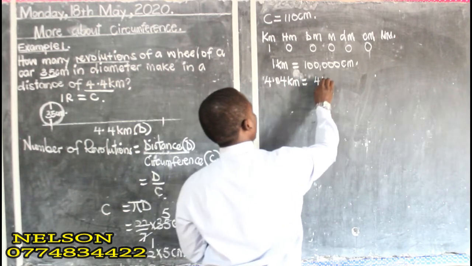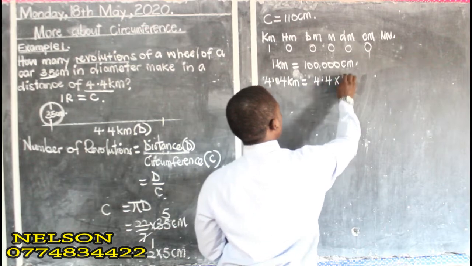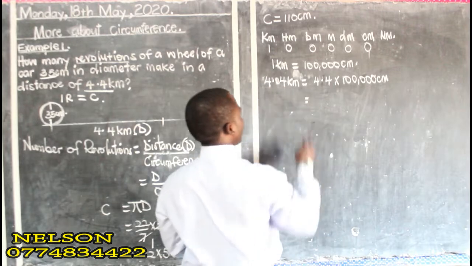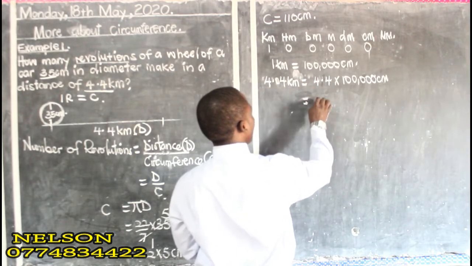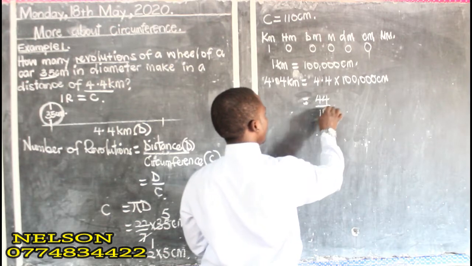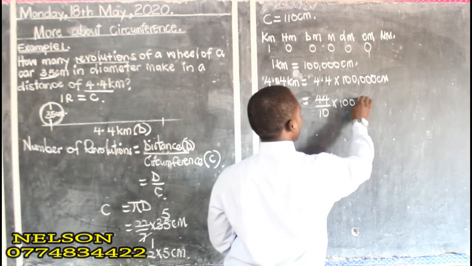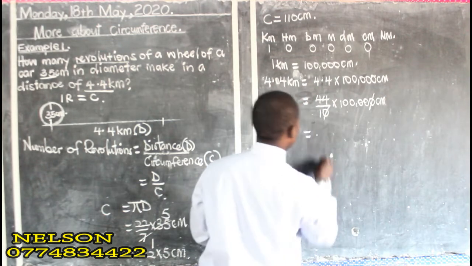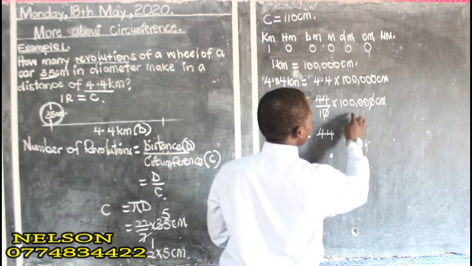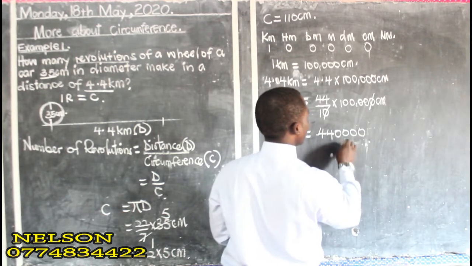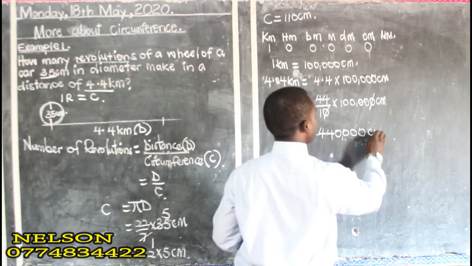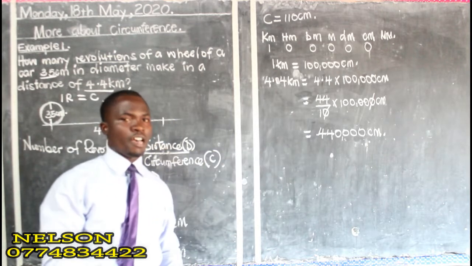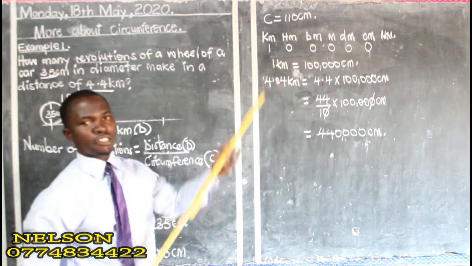It equals 4.4 times 100,000 centimeters. We shall come down and form a fraction, and this will be 44 out of 10 times 100,000 centimeters. This and this will go, and we shall remain with 440 centimeters. So class, we have got our distance in centimeters now, and our circumference is also in centimeters.